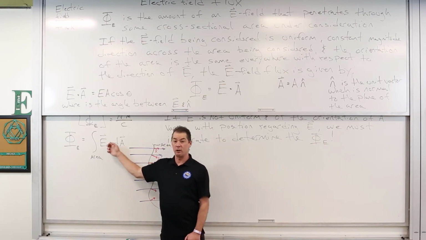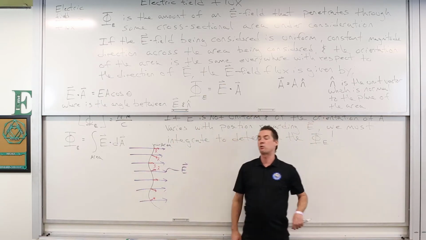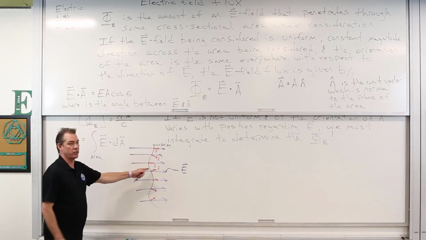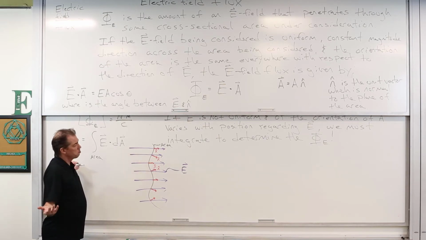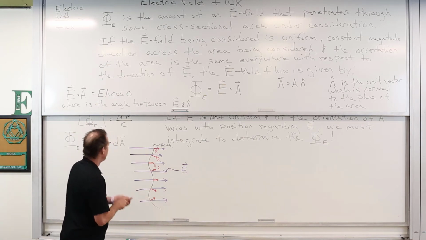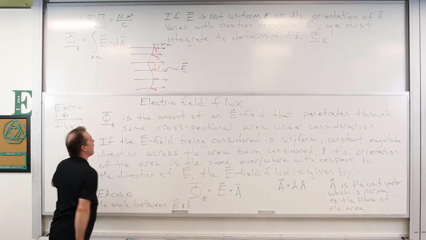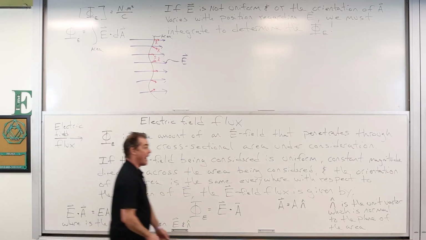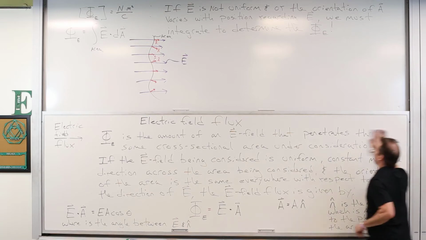If the electric field is not uniform, we could have an electric field like from a point charge, radially outward, that varies with position in terms of distance away and varies with direction as well, and then have some contour like this. What do you get then? You get something a lot more complex. But that's what we want to look at and appreciate. So, electric field flux. What's flux good for? Well, it's good for something that we're going to talk about right now, other than just being able to calculate the electric field flux.